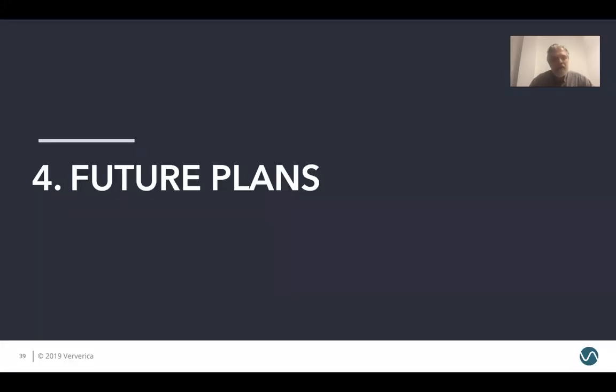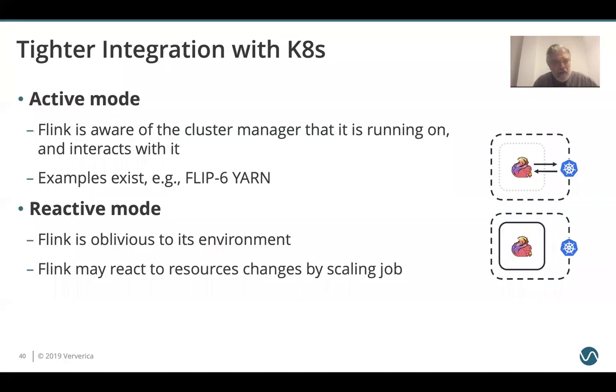All right, now I want to just talk a bit about our future plans for where this is all going as the community goes forward. So there's, of course, great interest in having tighter integration between Flink and Kubernetes. And this is being approached in two different ways. We call these active mode and reactive mode.